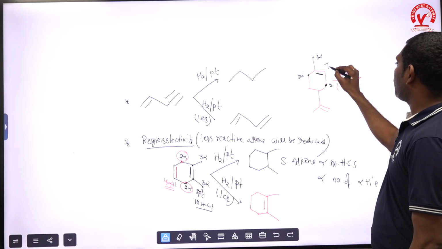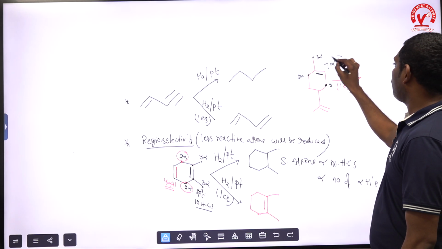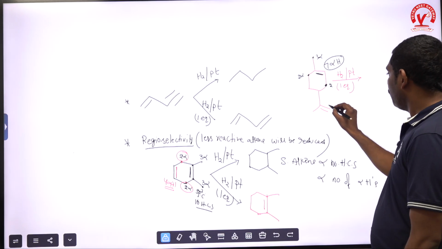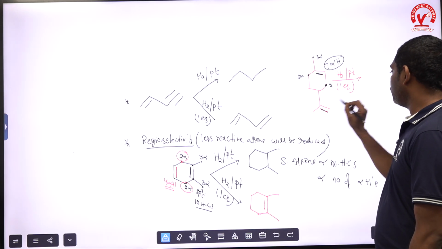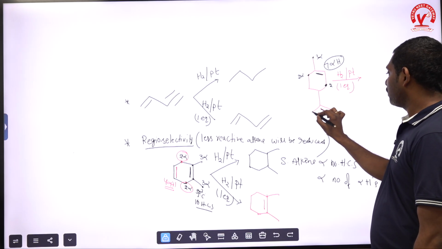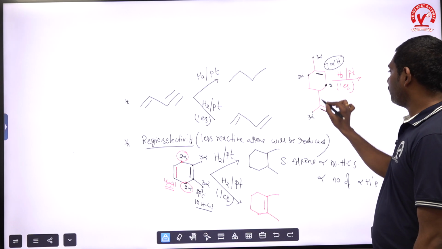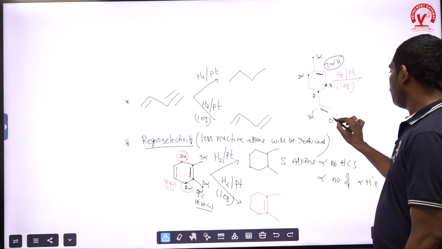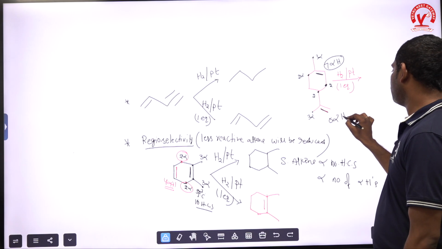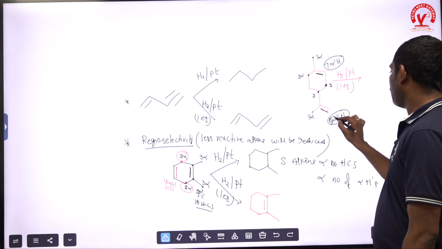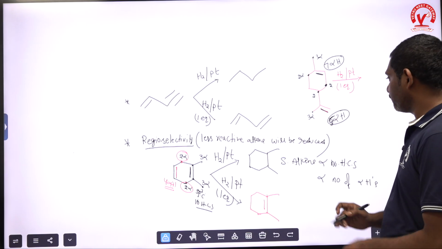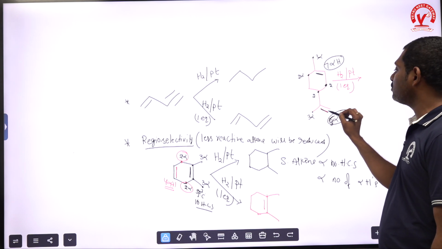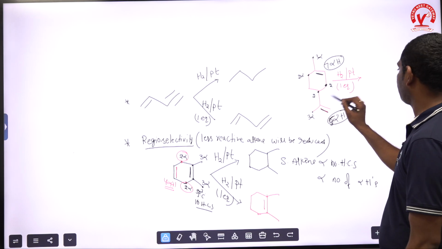Total for this pi bond 7 alpha hydrogens, so it should form 7 hyperconjugative structures. If we take this pi bond, here 3 alpha hydrogens, here 2 alpha hydrogens. Total 5 alpha hydrogens, so it will show 5 hyperconjugative structures. So it will be the least hyperconjugated, the least stable, so this bond will be reduced first.